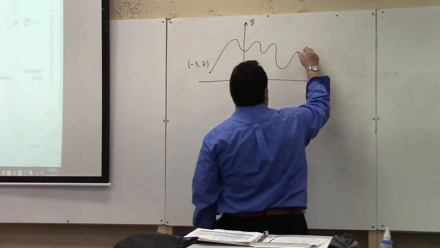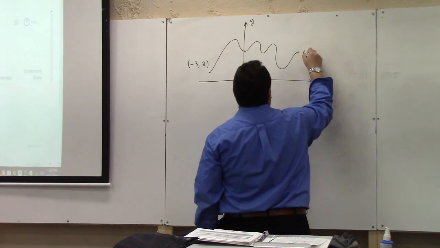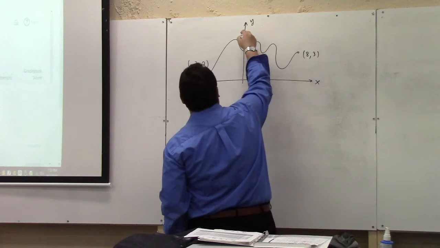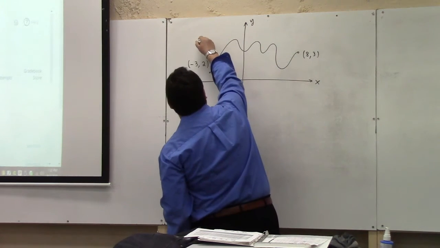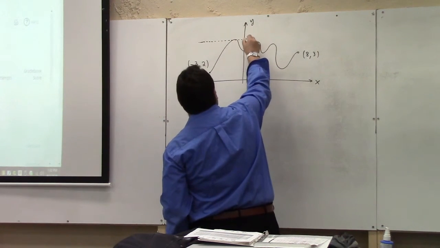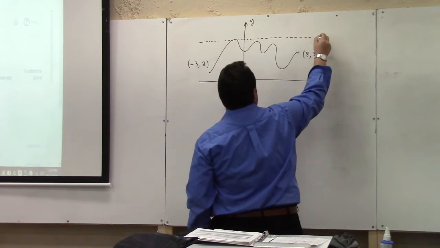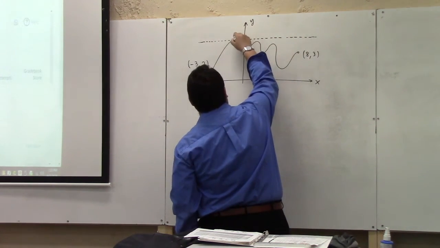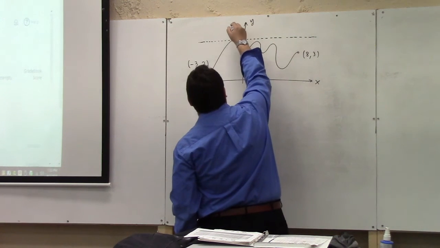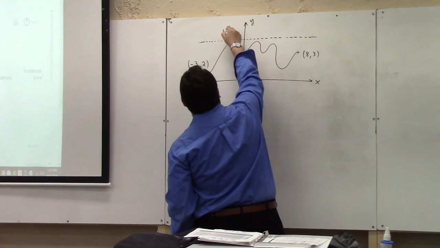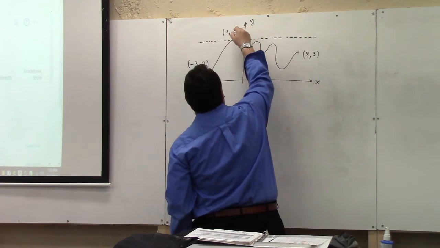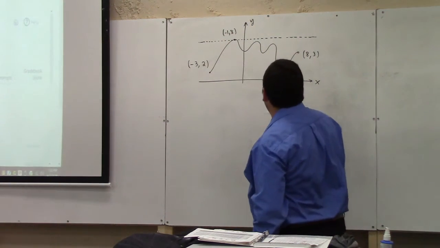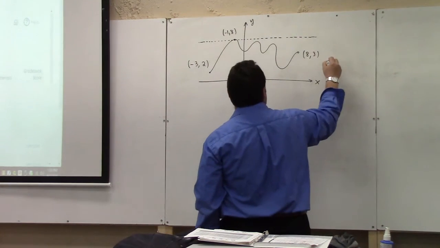This point is, let's say, 8, 3. And I'll also tell you that here's a little reference line. Let's make this reference line like that. This point at the top is, let's say, minus 1, 8. All right? So here we're given y equals f of x.